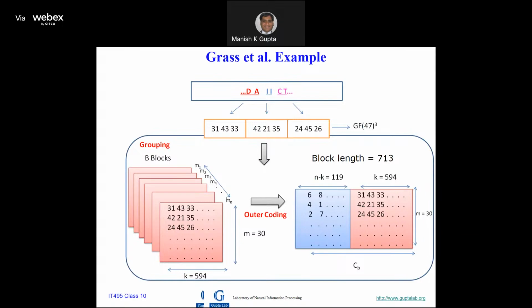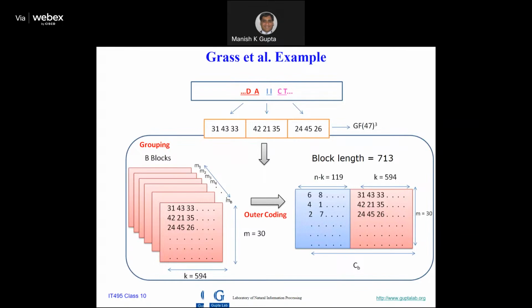Now we are going to do outer coding. If you look at this vector here, what is the length of this vector? K bits, 594 bits are there. 594 here, 594 here, and so on.